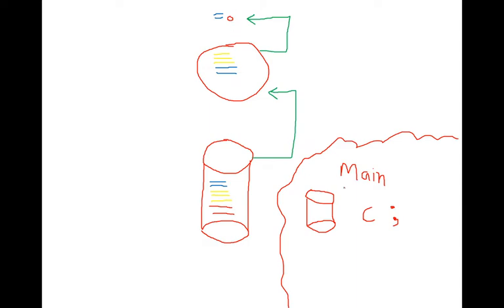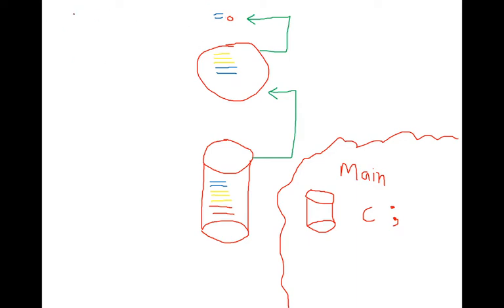Although first of all the constructor of the cylinder will be called, it won't be executed, right? It will then call the constructor of the circle, and then the circle will call the constructor of point, and then the constructor of the point will be executed, right?